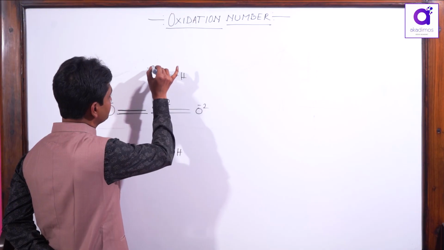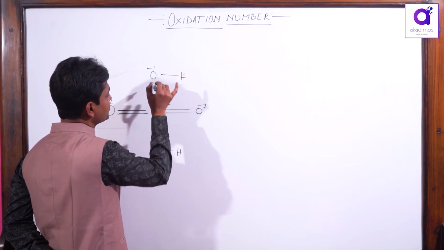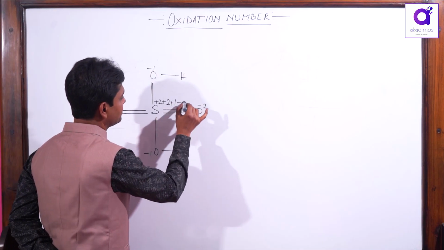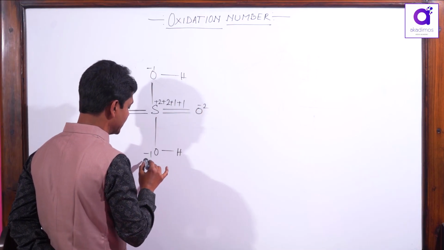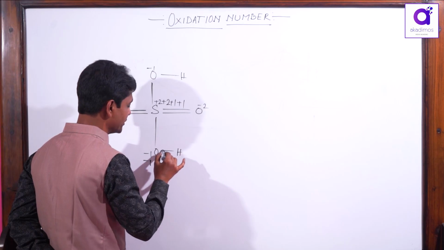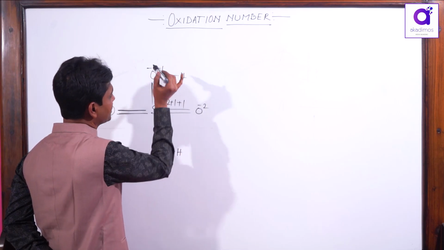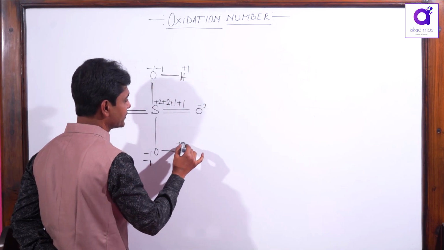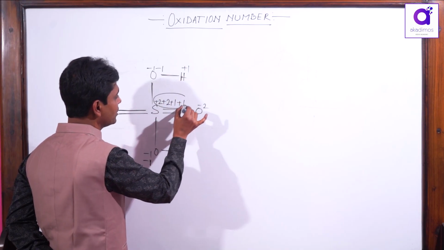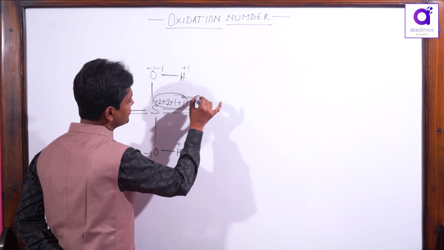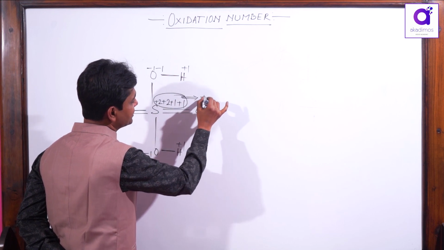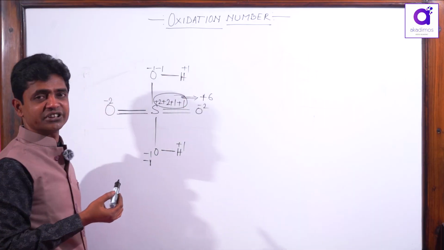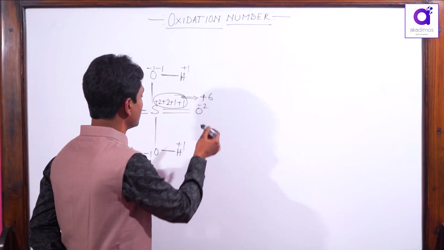Here oxygen is -1, this is +1. This is -1, plus. And for the oxygen here, there is also another -1 due to this bond, another -1 due to the bond with hydrogen. Hydrogen here +1, hydrogen here plus. So the total oxidation number of sulfur in sulfuric acid you get is +6. Also by counting hydrogen as +1 and oxygen as -2, you will also get +6.